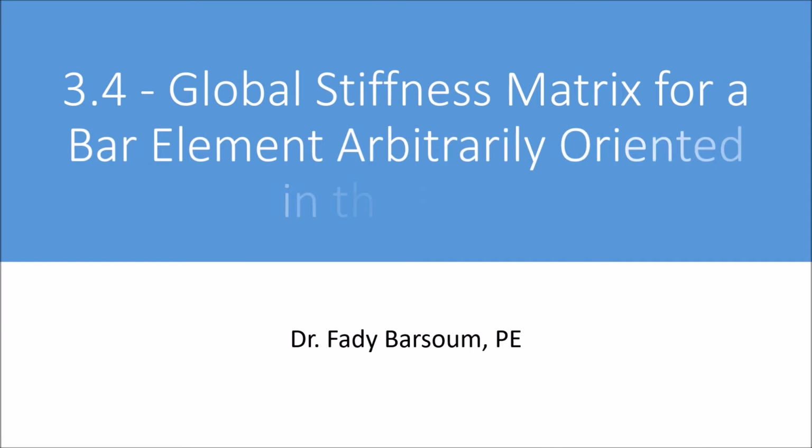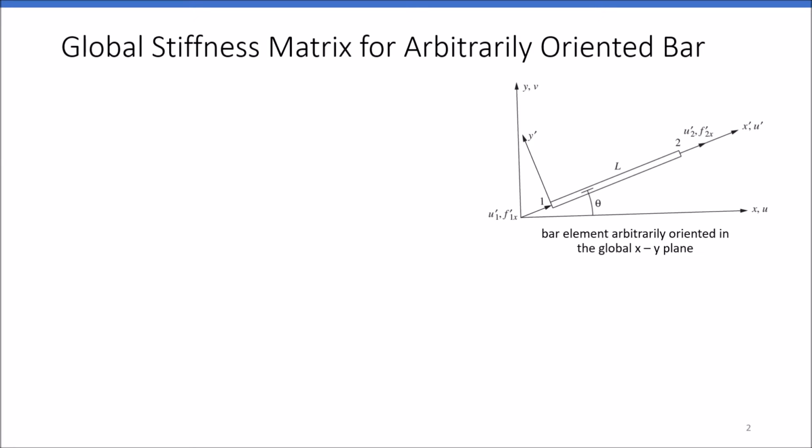In this video, we'll be looking at deriving the global stiffness matrix for a bar element that is arbitrarily oriented in the plane. We will start here by looking at an element that is arbitrarily oriented within the global plane xy, having global ordinates x and y, the horizontal and the vertical.